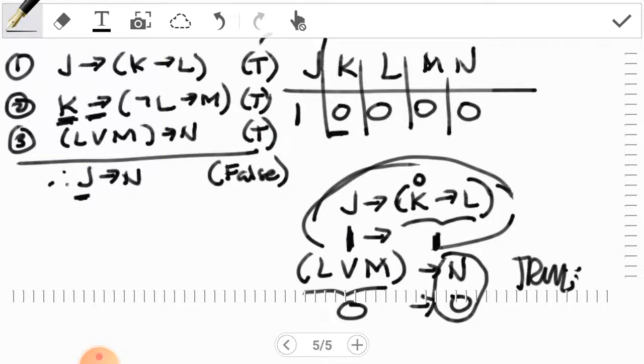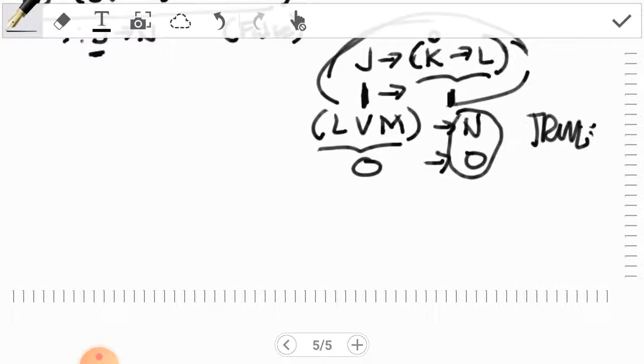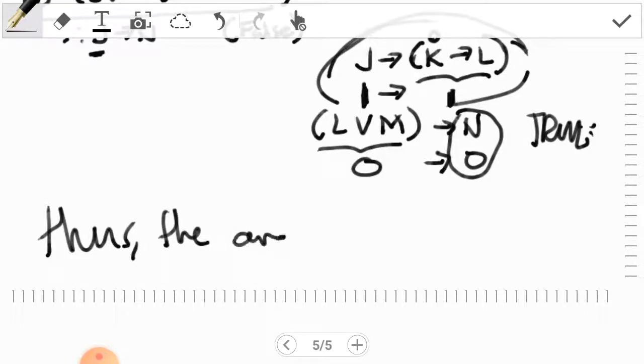Since we have the conditions satisfied, what are the conditions? The conclusion is false, each premise is true, then the argument is invalid. So, thus, the argument is invalid.